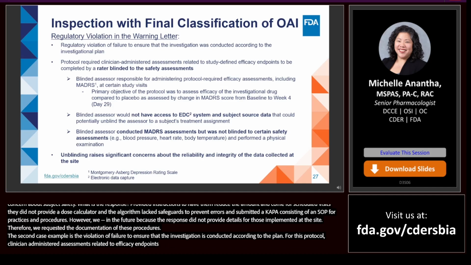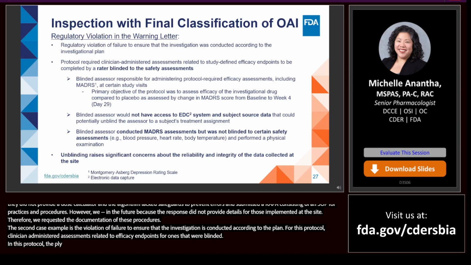These blinded assessors were responsible for administering efficacy assessments such as the MATERs at certain study visits. Note that in this protocol, the primary objective was to assess efficacy of the study drug compared to placebo, as assessed by a change in this MATER score from baseline to week 4. In addition, the blinded assessor would not have access to the EDC system and subject source data to avoid potentially unblinding.